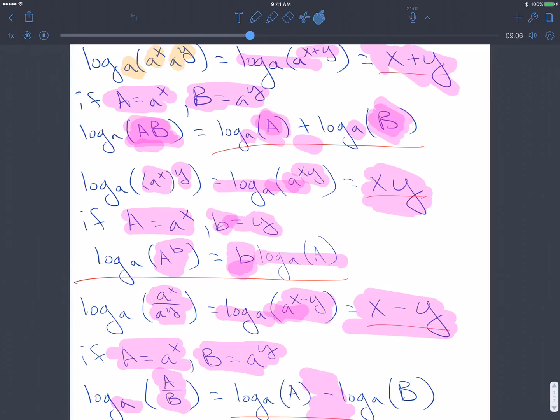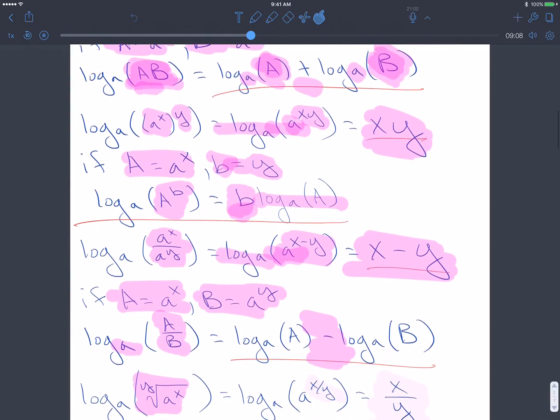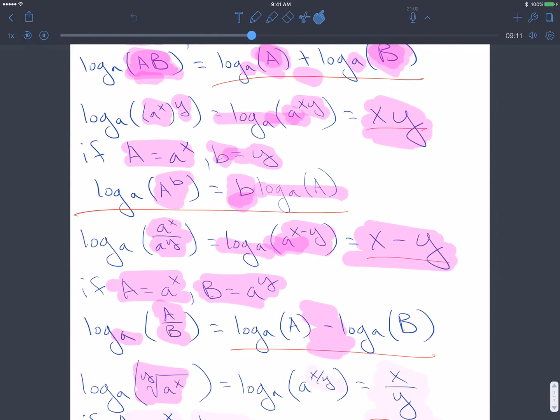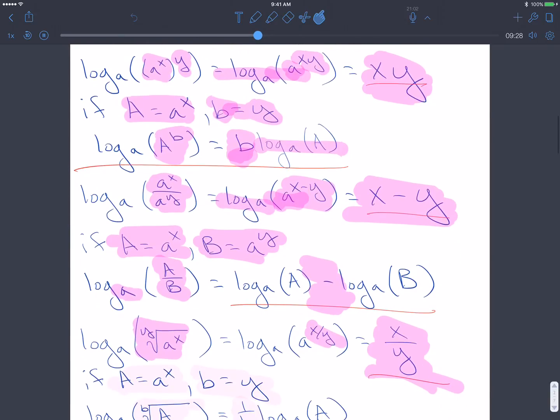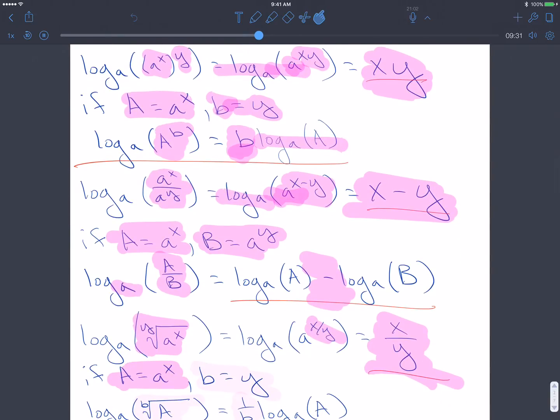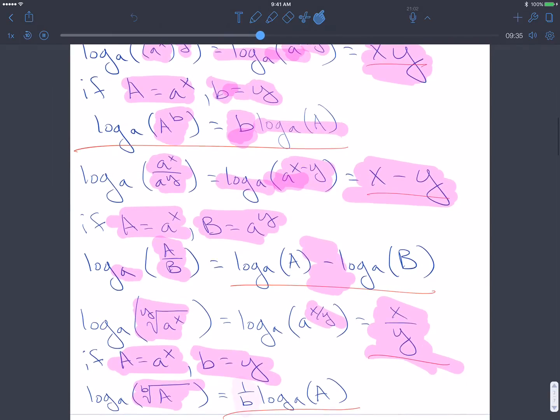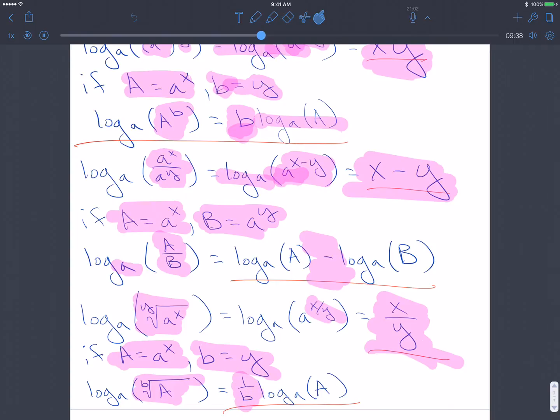Roots, same thing, right? That's division in your exponents instead of multiplication in your exponents. So if I have the yth root of a to the x, that's a to the x over y. And because I'm taking a log base a of an a to a power, I just get back my exponent, x over y. Now, if I use the same thing that we used for raising an exponential to a power, A equals a to the x and little b is equal to y, then the bth root of A would be a to the 1 over b, multiplied out in front.